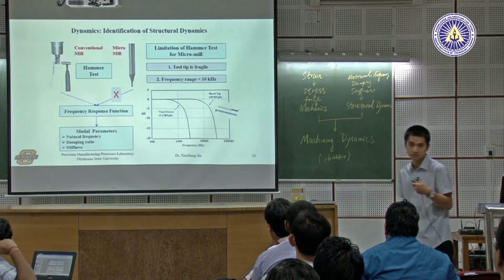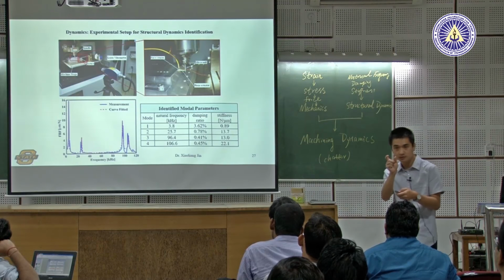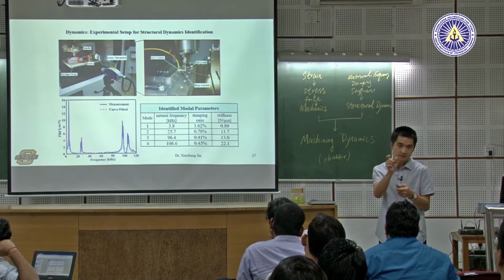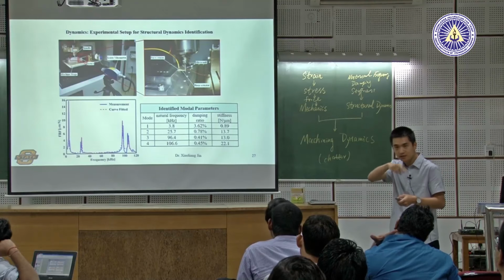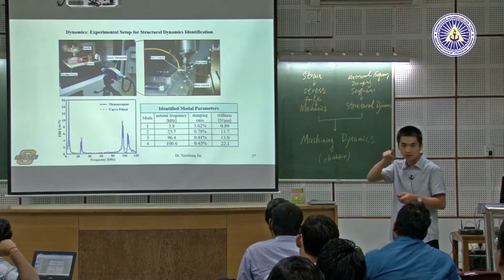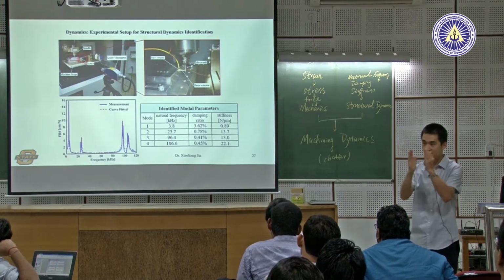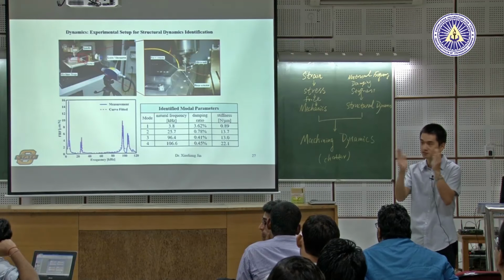What we did in my lab is design a customized structure. Here is a very small piezo actuator. You know how a piezo element works? When you apply voltage, it expands; when you apply negative voltage, it shrinks. When you apply a sinusoidal voltage, it expands and shrinks, so it vibrates.